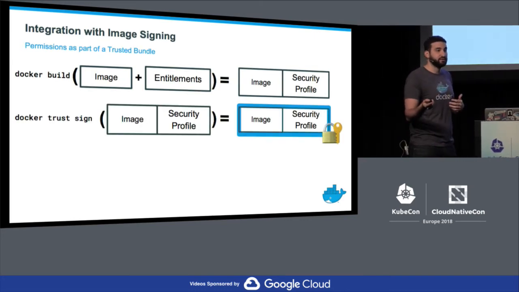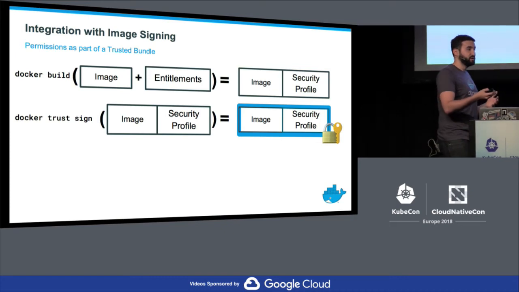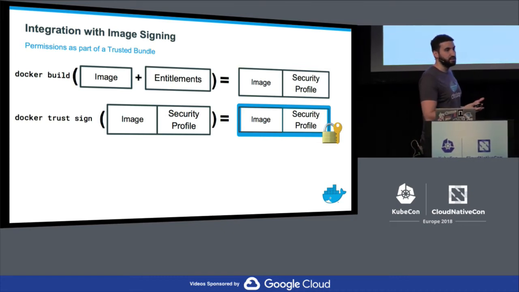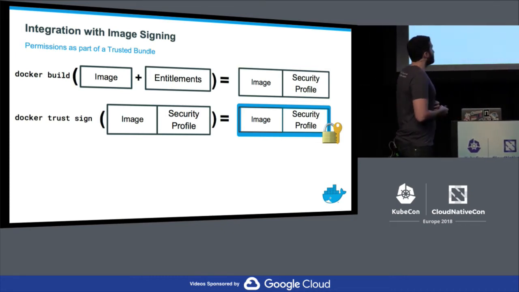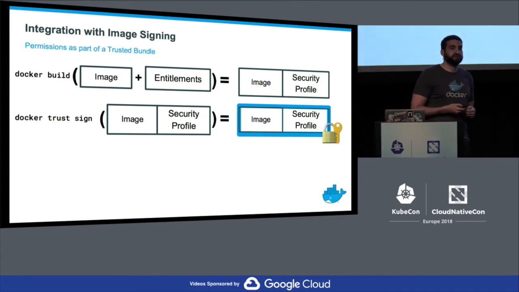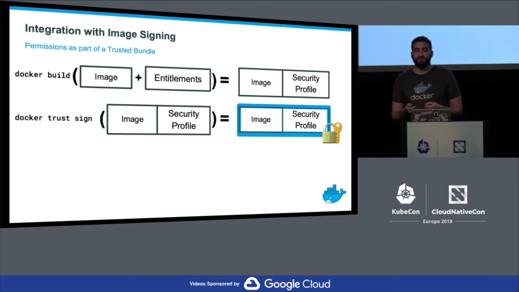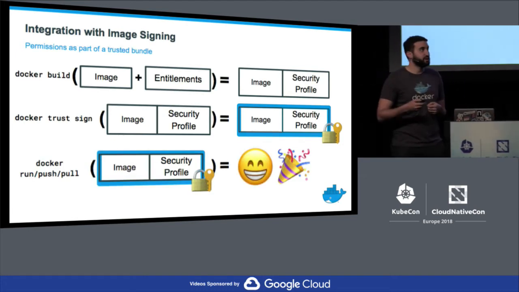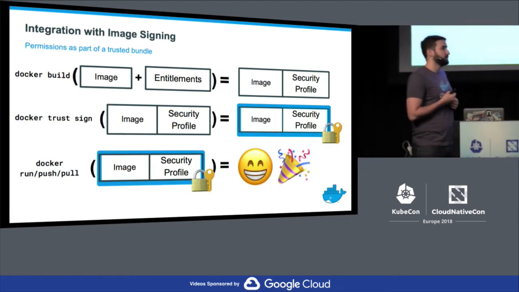that is independent from the underlying machine. If you decide to sign that, you get a trusted bundle that a content publisher can deliver to the end users.